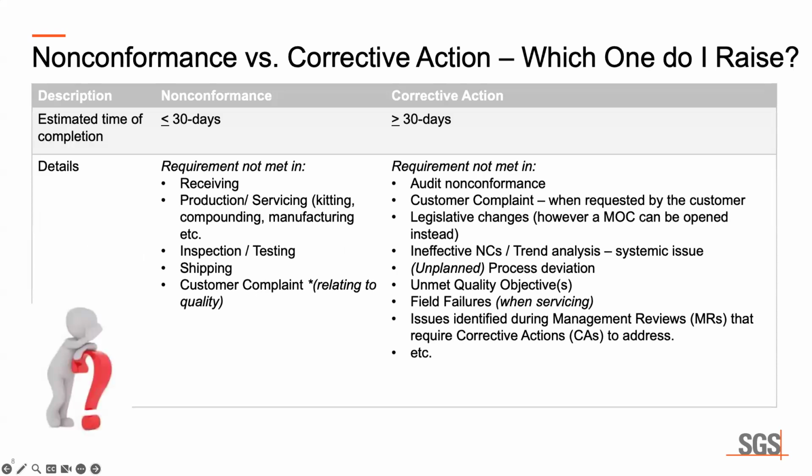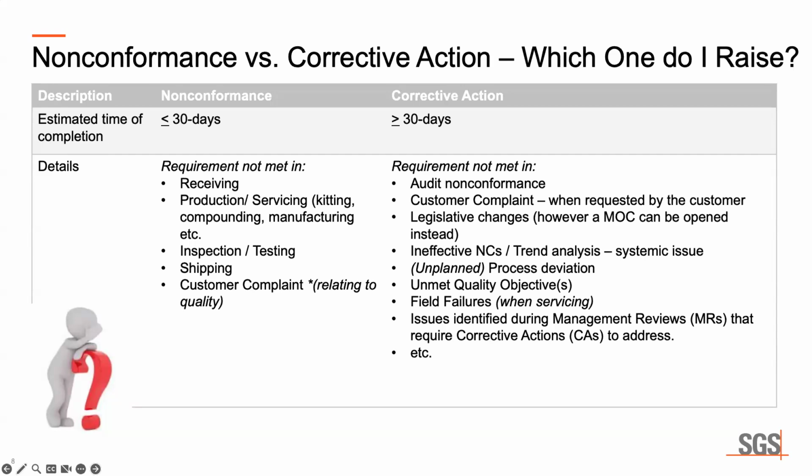Remember, what I'm sharing with you is not an end-all be-all. It's to help further guide your thinking process. When we consider estimated times of completion, if you asked me to show where this is written in a standard or a regulation, I wouldn't be able to, because it's not explicitly written.